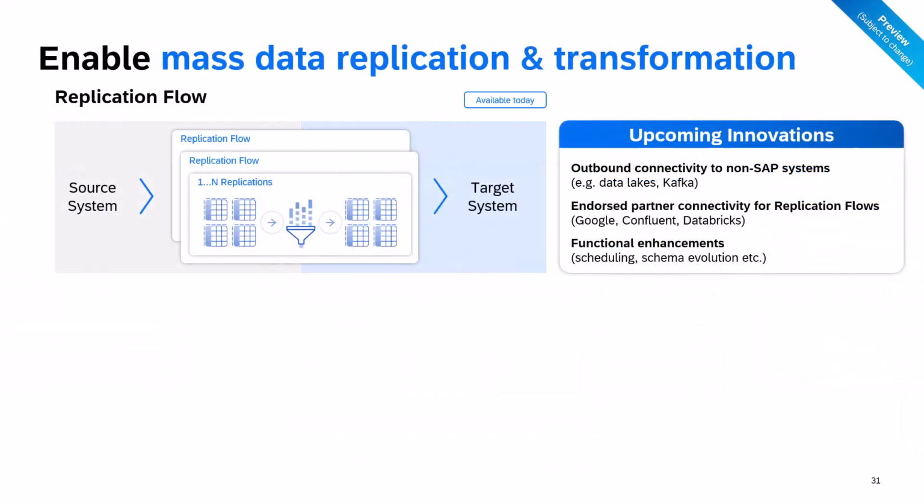So we looked at replication flows at the beginning a little bit, right? That's one of the new capabilities which is available today. And of course, we also have additional plans there.